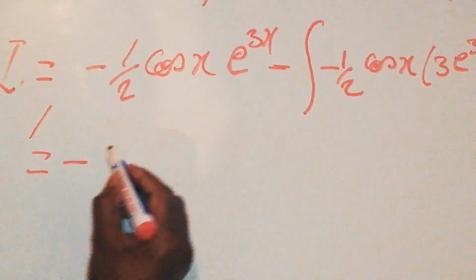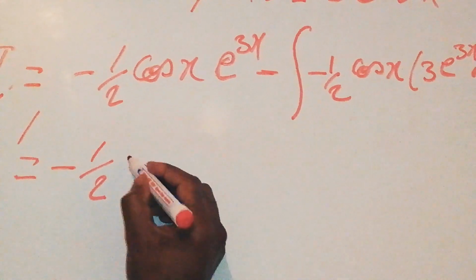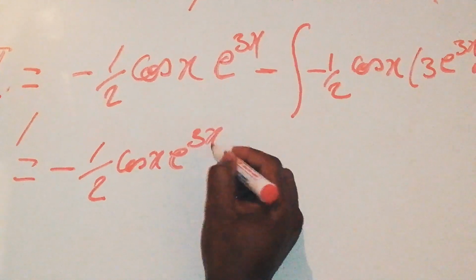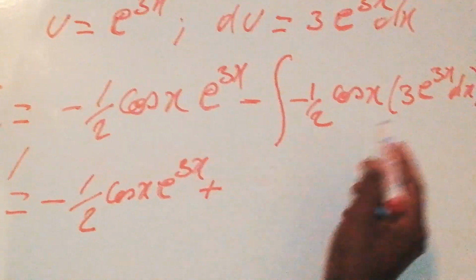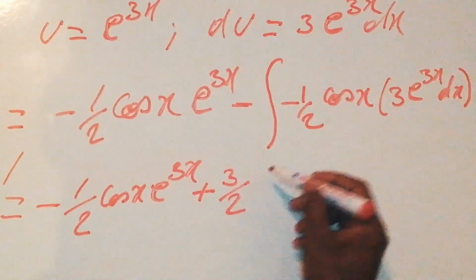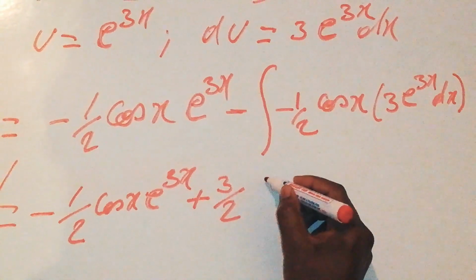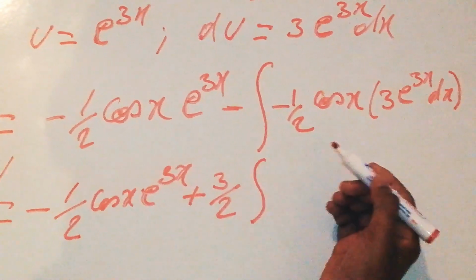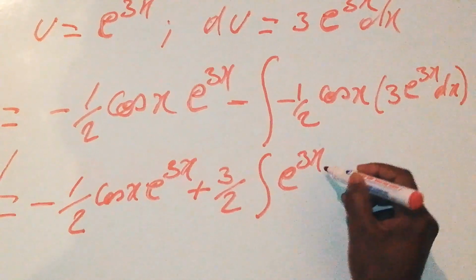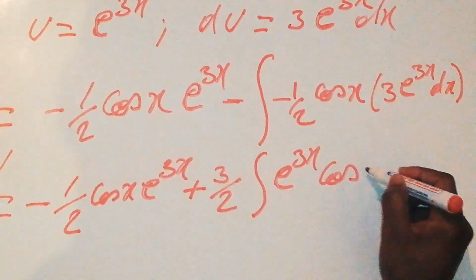I'm having minus 1 over 2 cos 2x e^(3x) plus 3 half, the integral of e^(3x) cos 2x dx.